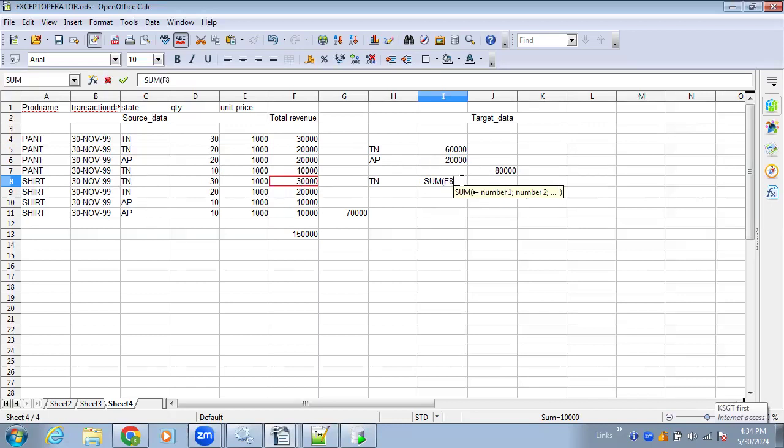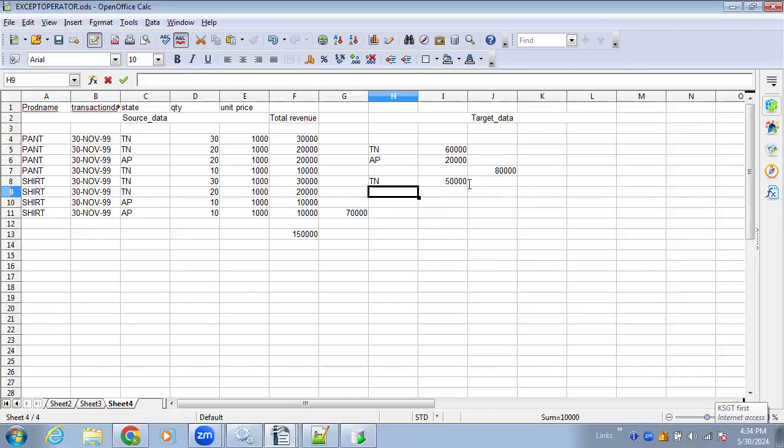F8. Is it F8? And F9, that's it. F10 and F11 belong to AP.